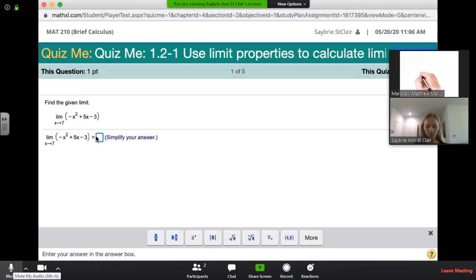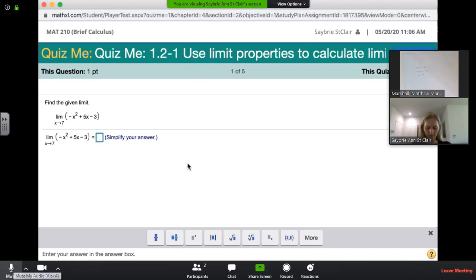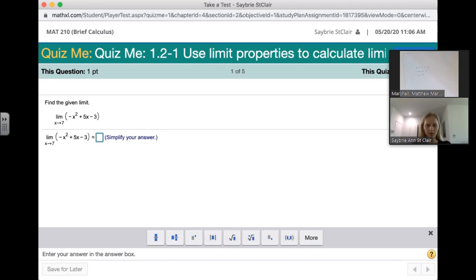So negative 49 plus 35 minus 3. Plugging in positive 7 makes that positive 35, so negative 17.